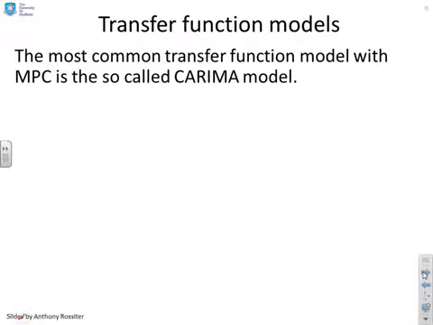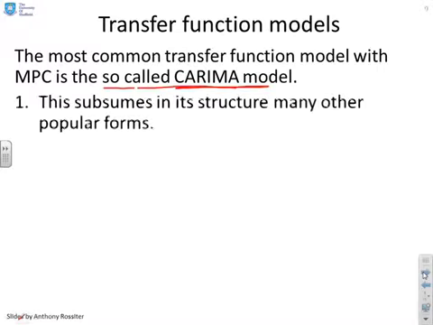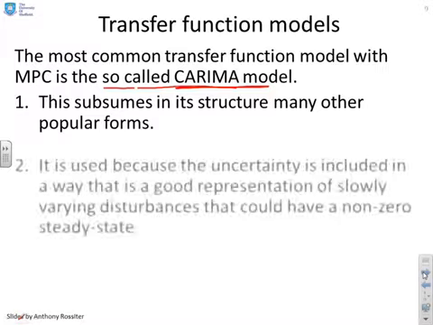Transfer function models. Now originally within predictive control, most people did use transfer function models. They were more popular and they focused on this thing called the CARIMA model. Now this subsumes in its structure many other popular transfer function forms, so that's why we're just going to give this one and not bother about other variants.